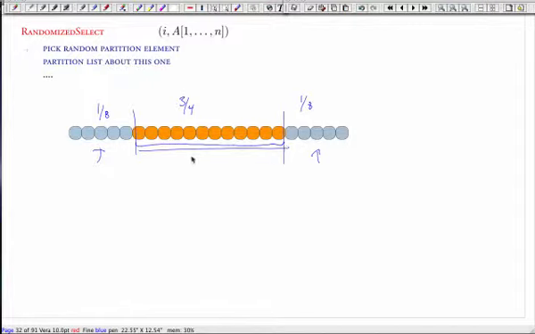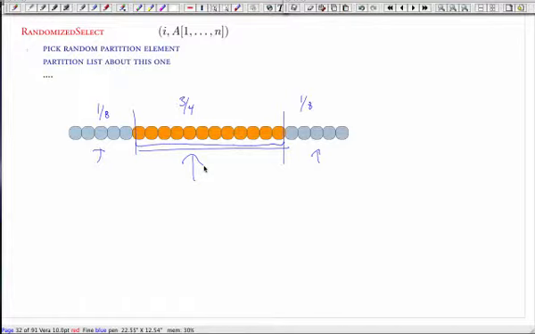What's the probability that when you just randomly pick, you get something in the orange zone? 3/4, right? So on expectation, how many times do you have to pick an element before you get to the orange zone? 4/3. Okay?